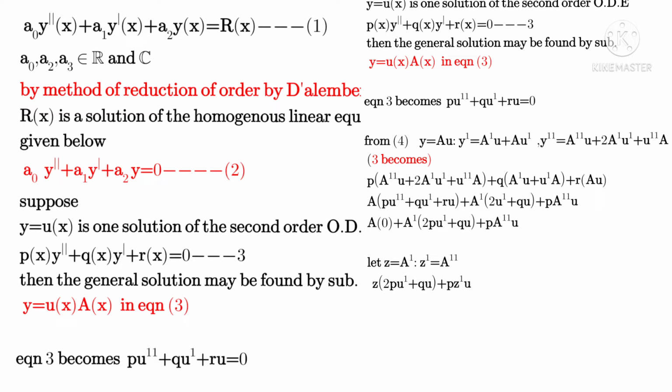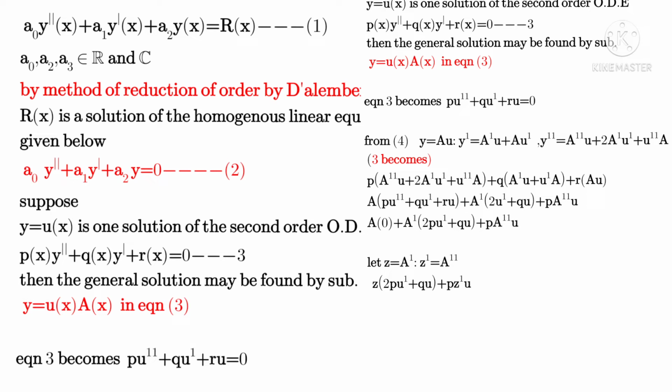Then when we open the brackets and take out the like terms, we bring out a as one of the like terms. a' is also a like term, and a'' is also a like term. But don't forget, from equation 3, we have pu'' plus qu' plus ru equals 0. Then we substitute it back.